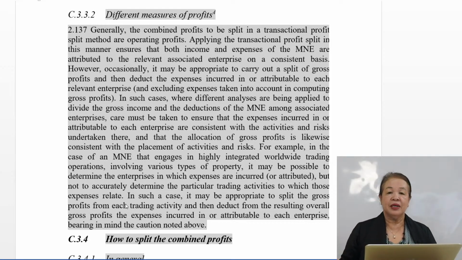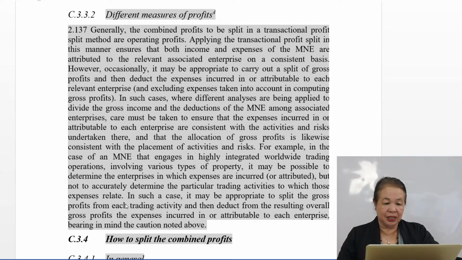Especially if kung mag-split ka ng profit at yung iba, hindi pare-pareho yung operating expenses because of the nature of their functions na may pagkakaiba. So, in some cases, it is practical to split the gross profit and then each individual participant should deduct its own operating expenses from the share of the gross profit of the group, no? So, ito yung sinasabi dito sa guideline.